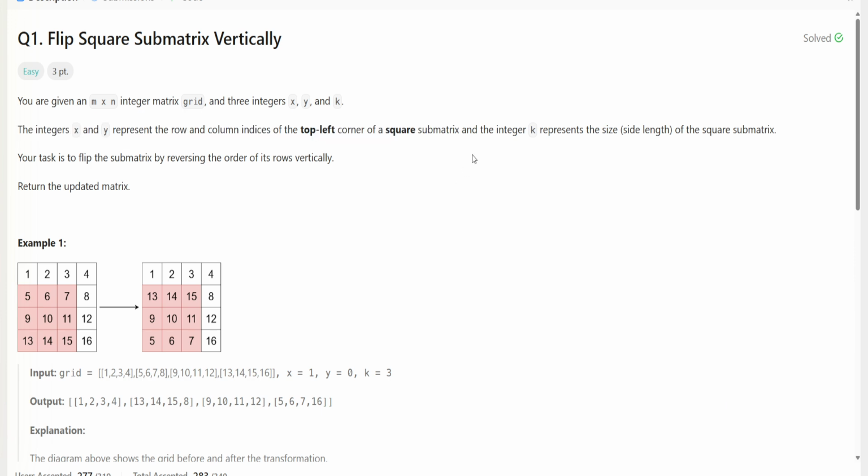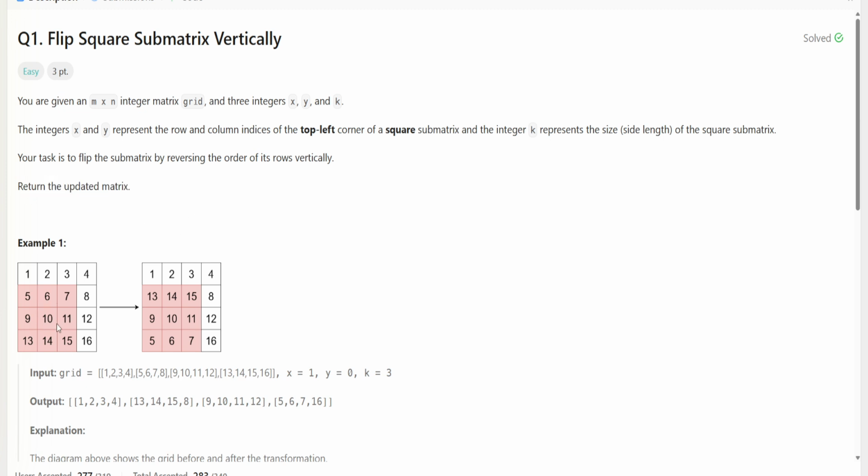The integer k represents the side length of the square submatrix. Your task is to flip the submatrix by reversing the order of its rows vertically and return the updated matrix.